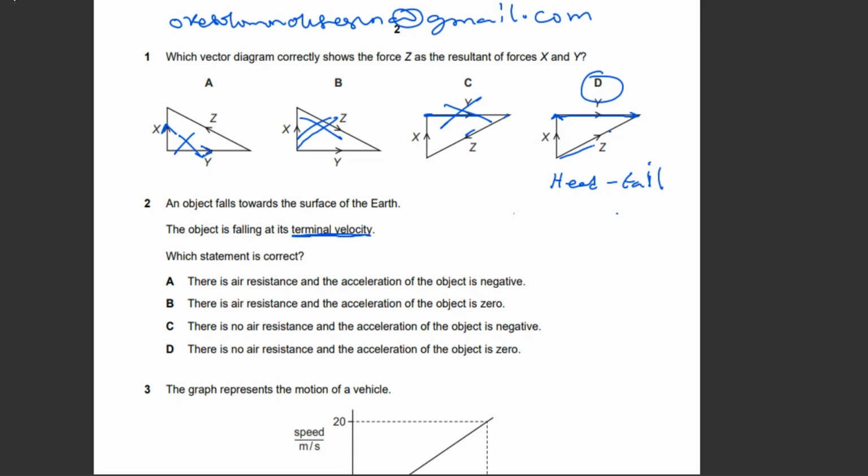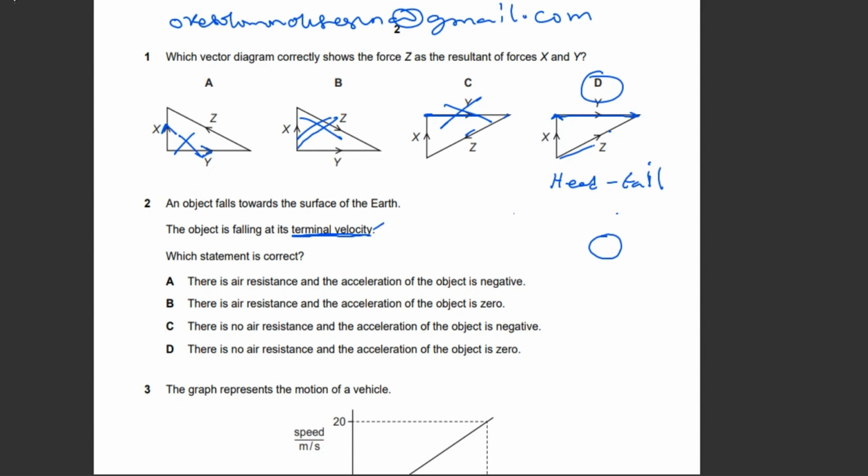Before we answer this question, we need to take note of an important statement there. An object is falling on earth. Now we need to understand what terminal velocity is.